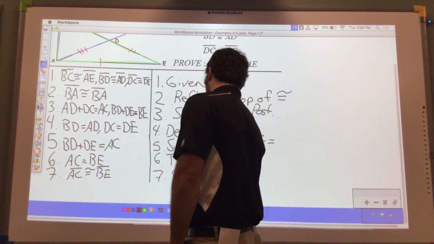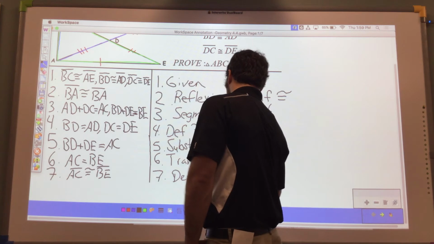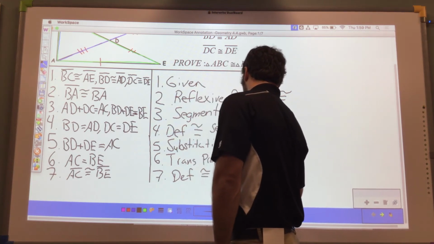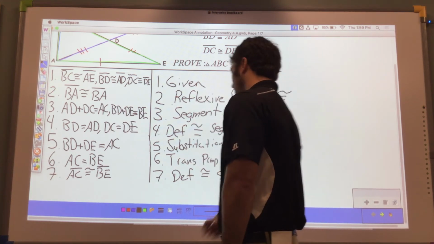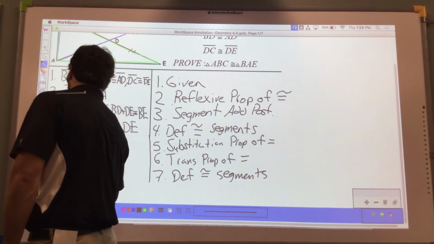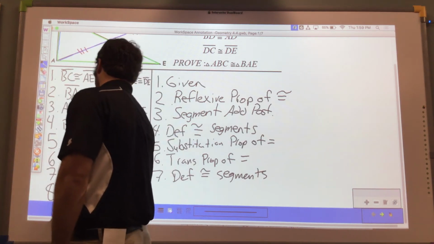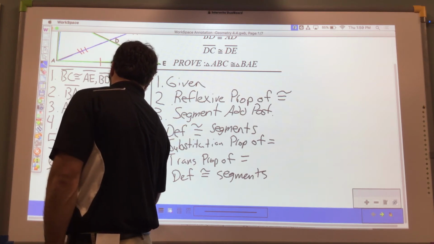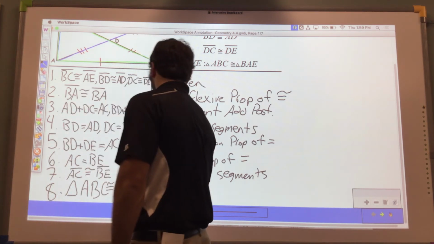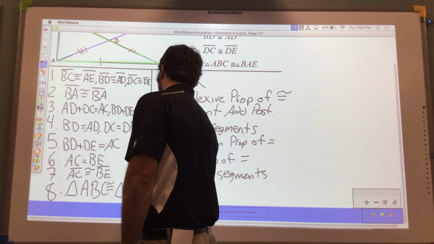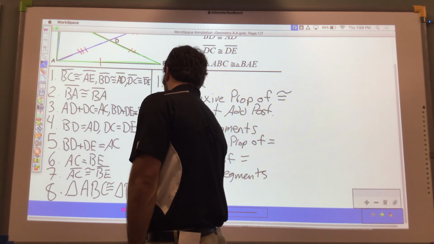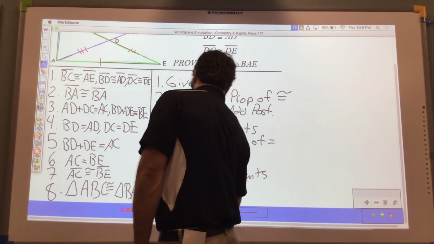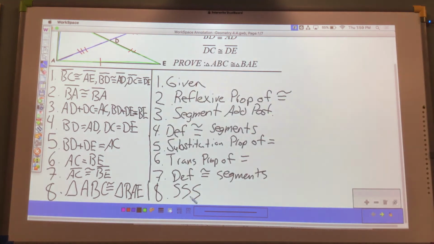Definition of congruent segments again. And so finally, we have our side, side, side. Triangle ABC is congruent to triangle BAE. Side, side, side. All done.